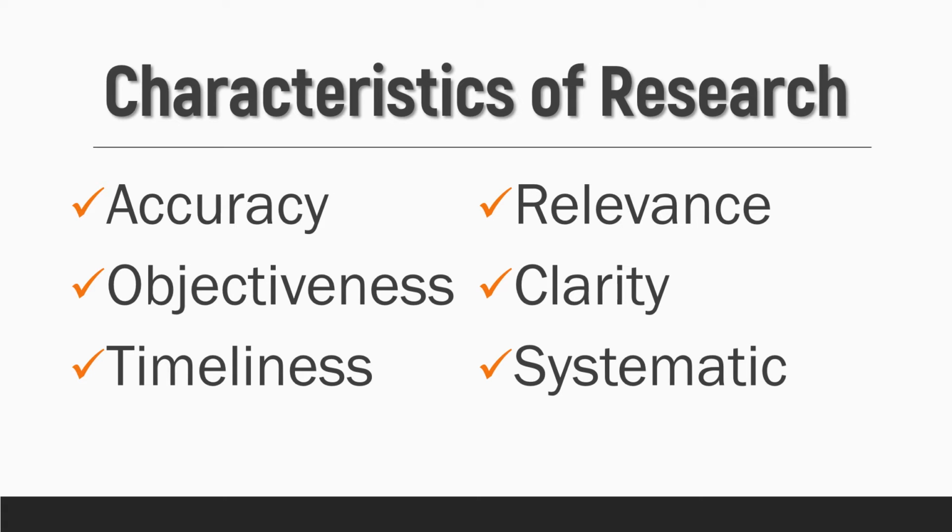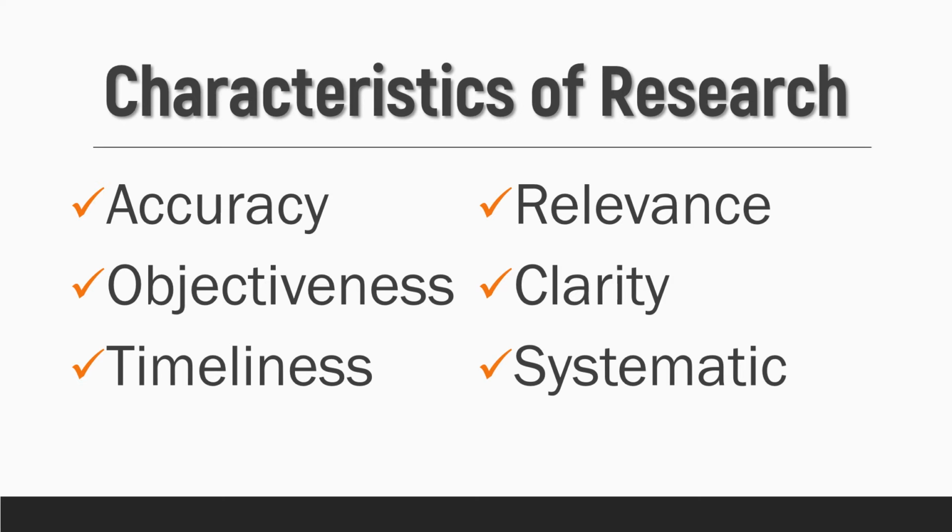When we say systematic, we are following a step-by-step procedure of conducting research. So we do not jump from one step to another. We have to perform each stage of research writing.